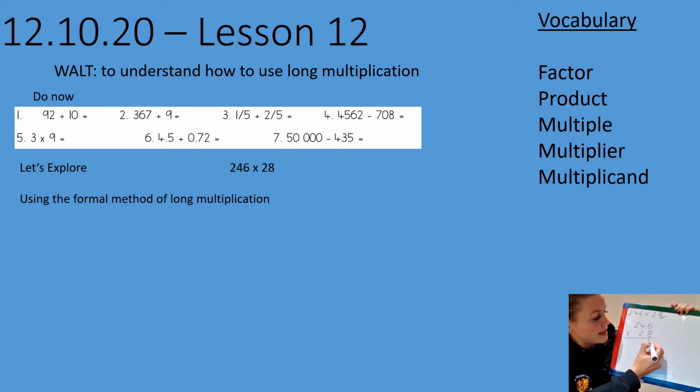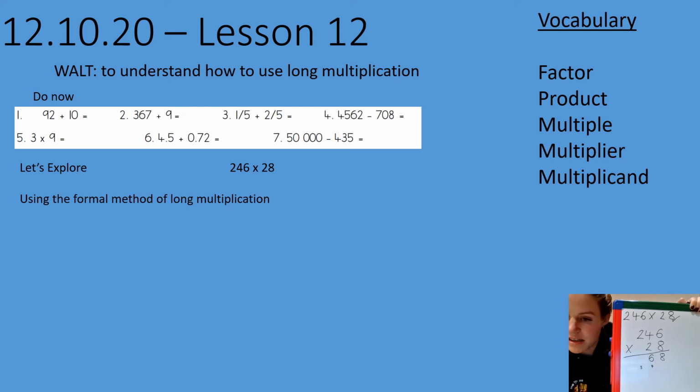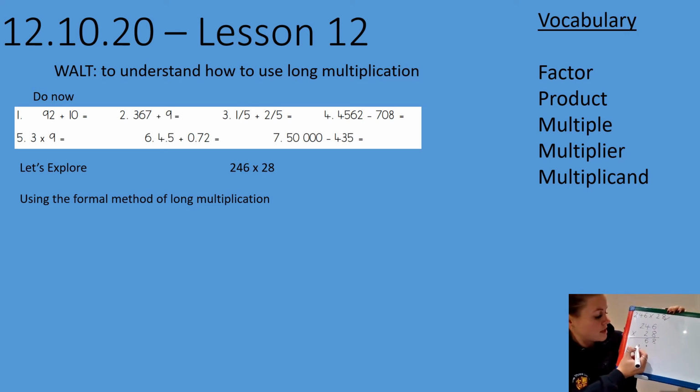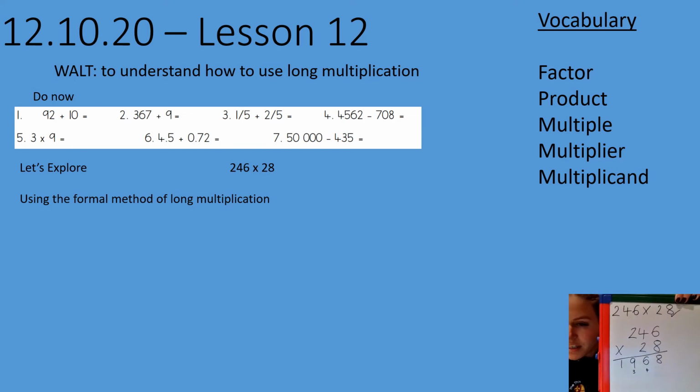So my 4 goes here, my 8 goes there. 4 times 8, or 4 tens multiplied by 8, is 32 tens. Add my 4 is 36 tens, which is the same as 368. And then 200 multiplied by 8 is going to be 1,600. Add my 3 is 1,900. So you can check that you've got each number in the correct column each time.